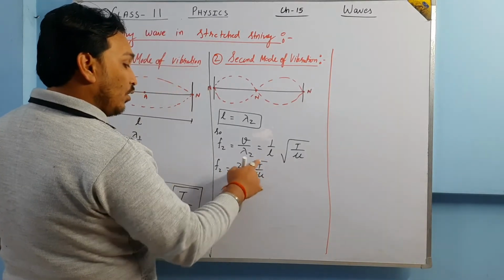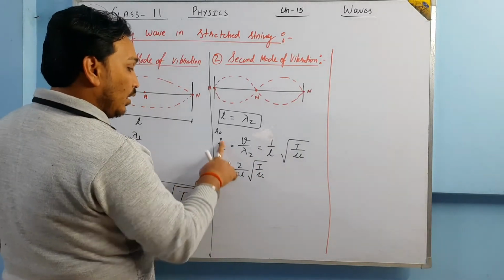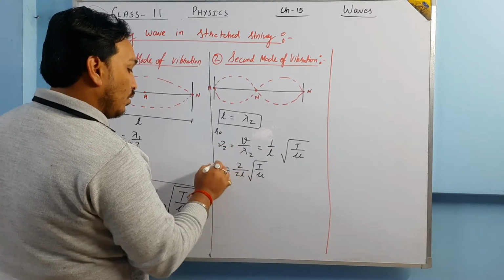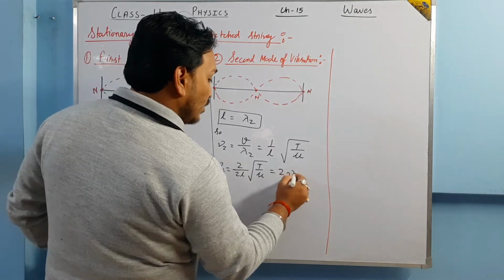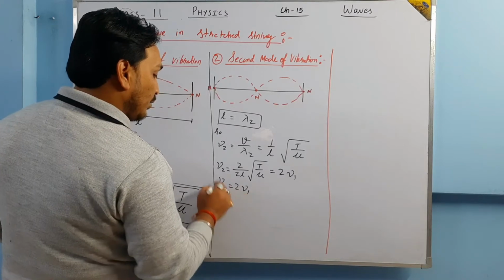Now 1 upon 2L under root T by mu was nu 1. Okay, earlier I denoted it with nu 1, let this be nu 2. So nu 2 is equal to what? 2 times nu 1.